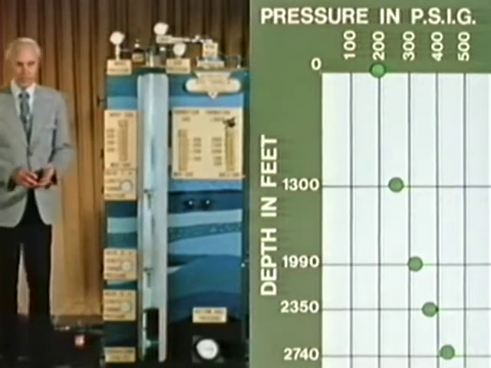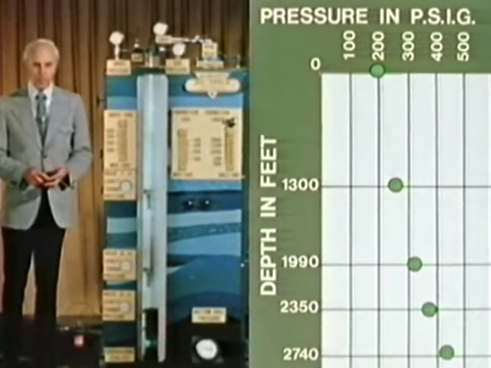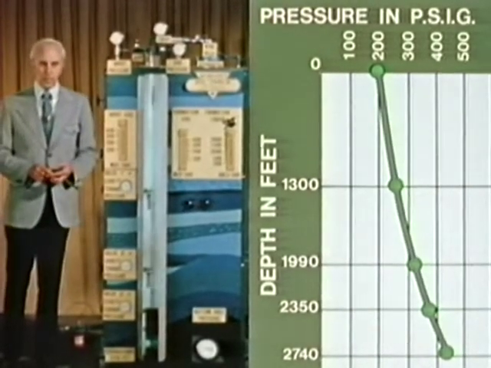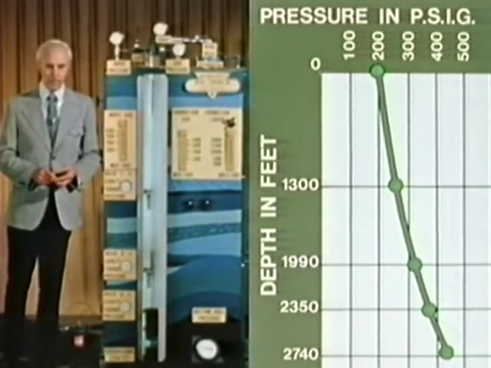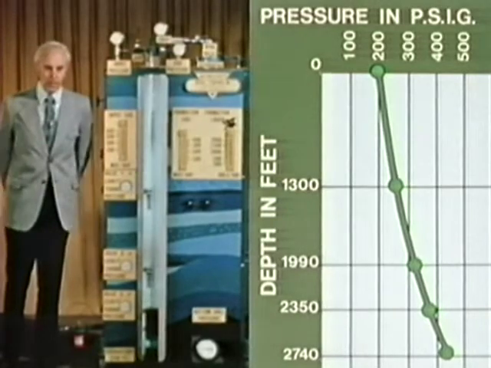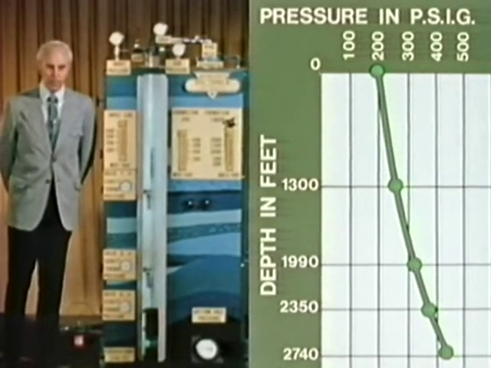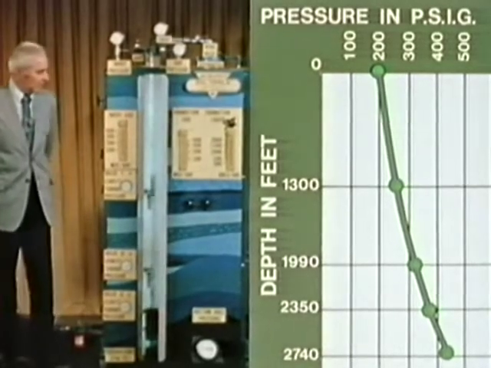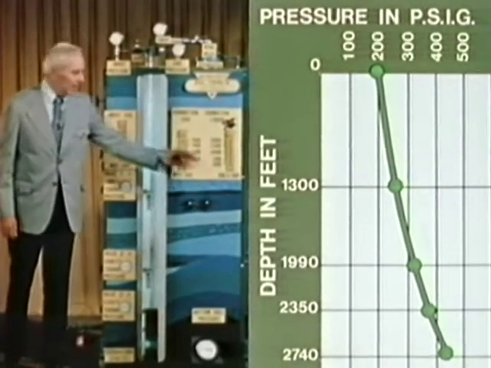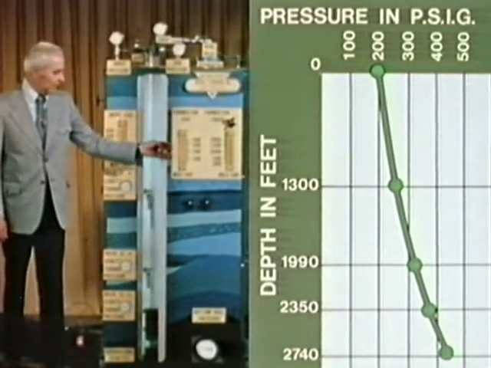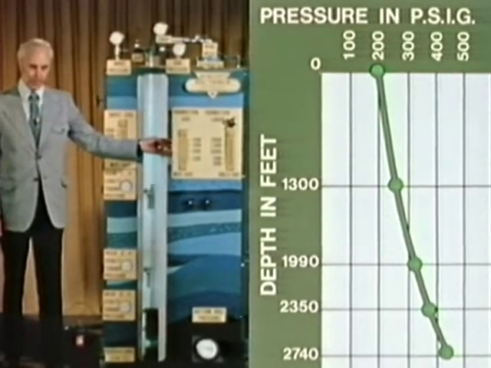When we connect the five pressure points together, we obtain the green line that shows the flowing pressure distribution in the tubing. We call this line the flowing gradient curve for the given set of conditions. In this instance, the conditions are 1,000 barrels of liquid per day and 400,000 cubic feet of gas per day.